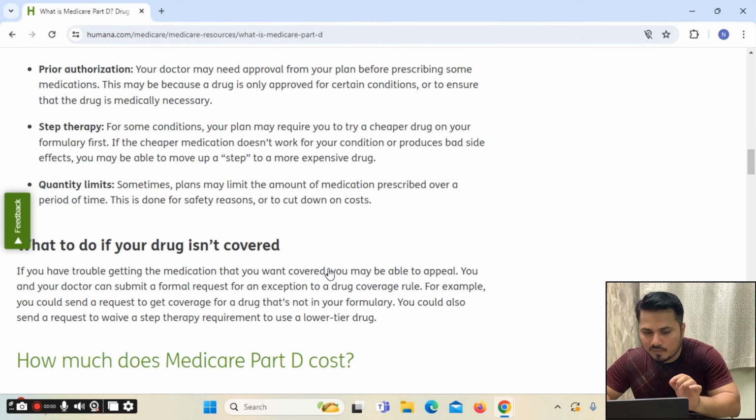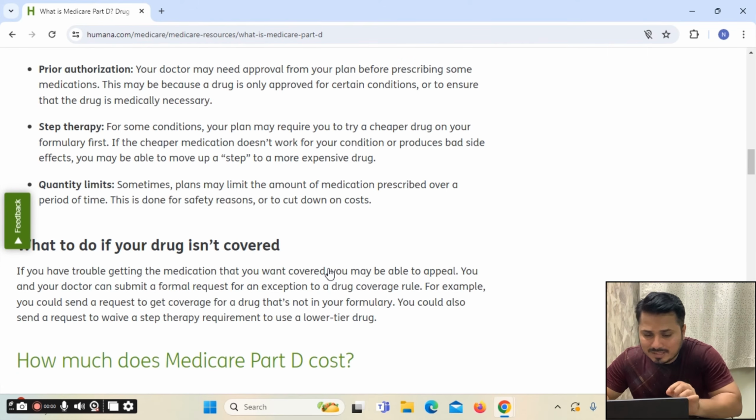Step therapy: for some conditions, your plan may require you to try a cheaper drug on your formulary. Okay, if the cheaper medication doesn't work for your condition or produces bad side effects, you may be able to move up steps to a more expensive drug.